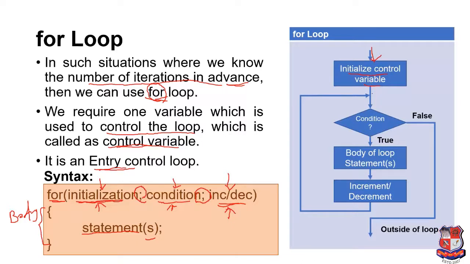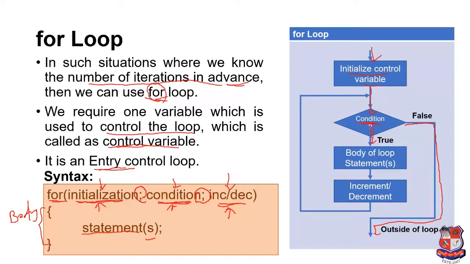After initializing the control variable, we go for the condition, as we also saw in the syntax. So we check the condition. If this condition is true, then the loop enters the body, otherwise the loop is terminated and control is given to outside the loop.